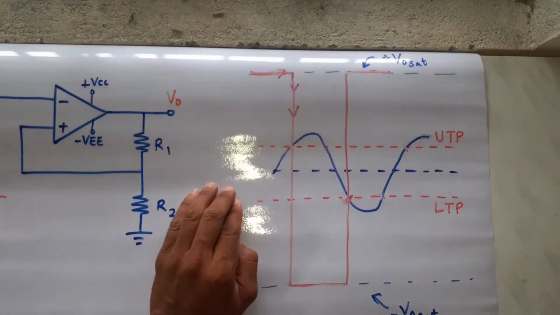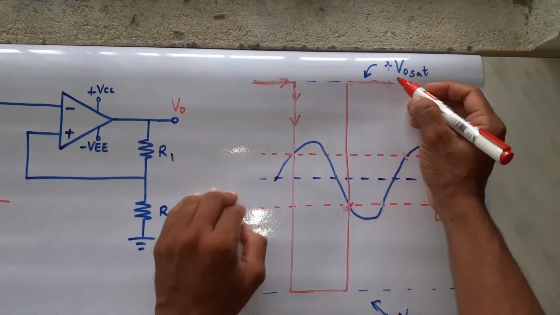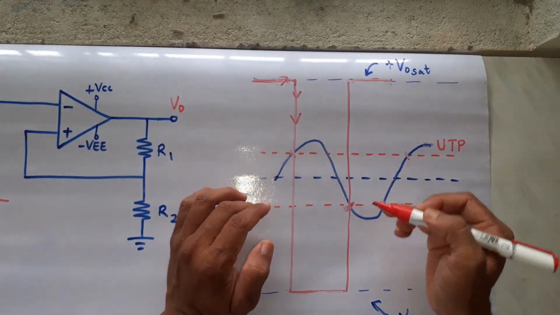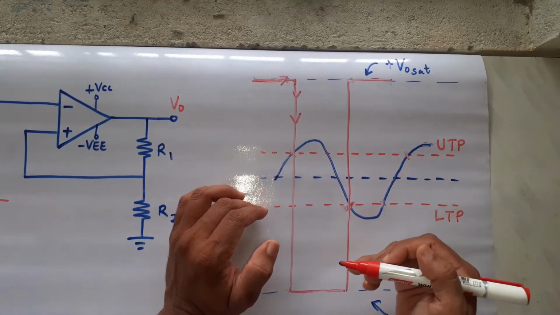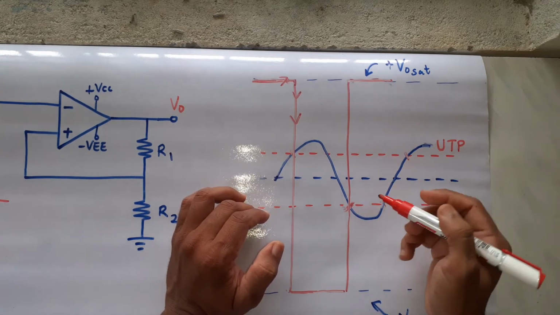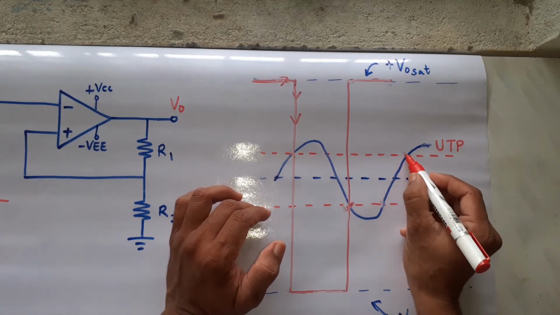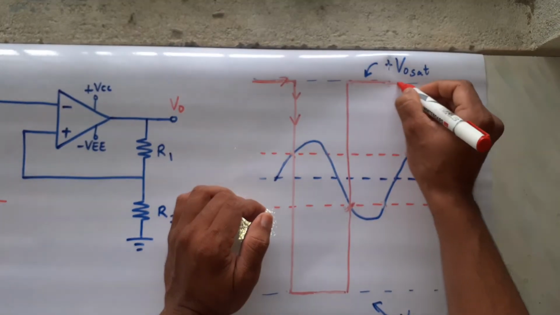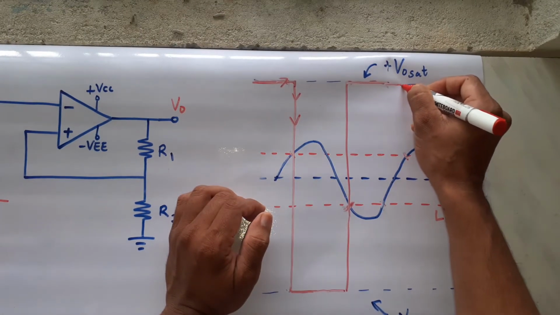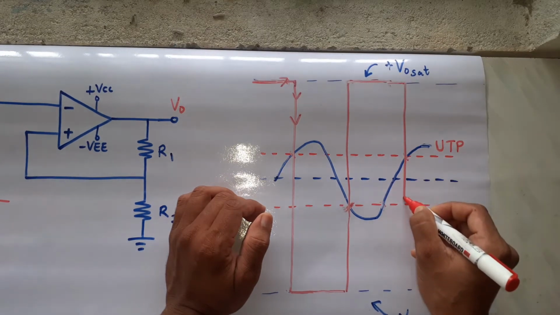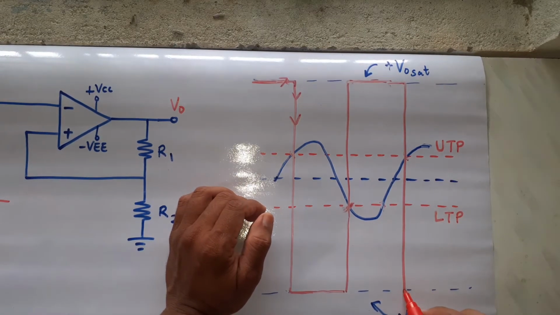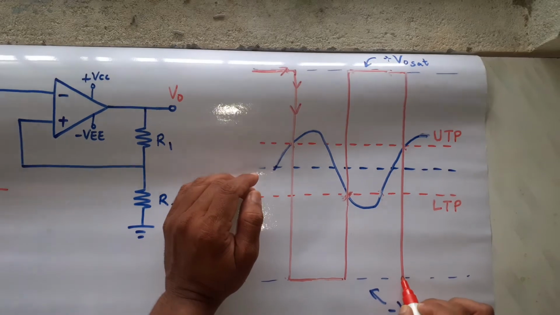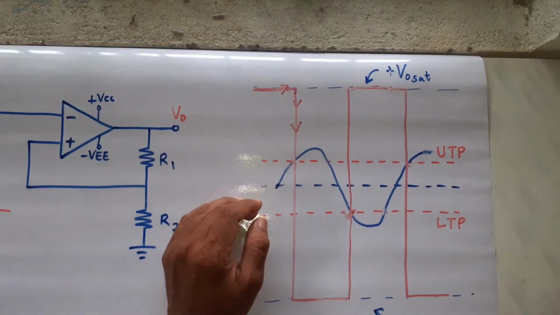Understanding? Now how long it will remain positive? Until your input is below UTP. See, till here it is below UTP. The moment you reach here, your input reaches UTP. So your output will shift once again like this and goes to minus V naught sat. This is how it continues.